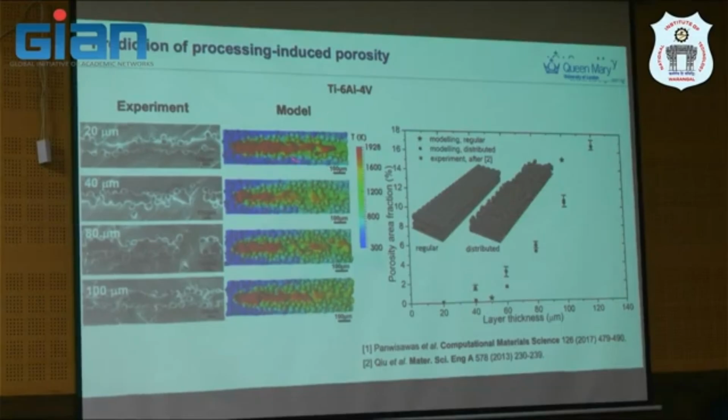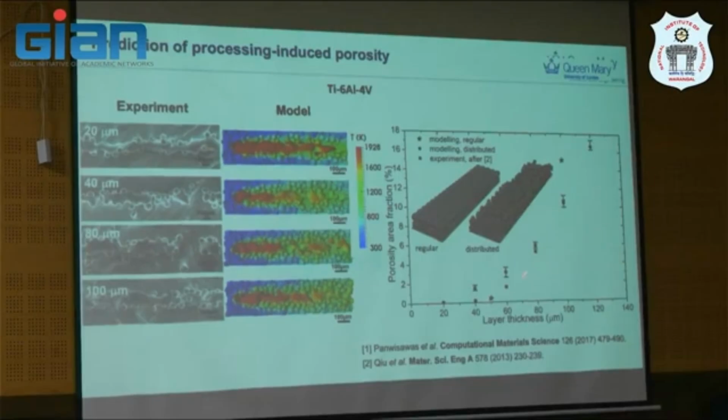So what we did, we ran 5 times, we spread 5 times, and then we printed a single track 5 times at the same condition. And then for each condition, we extract the distribution of the subsurface porosity. And we put it in error bars, in different thicknesses, 20, 40, 80, and 100. And this one, if you see the circle and regular square dot here, they are quite aligned with each other.